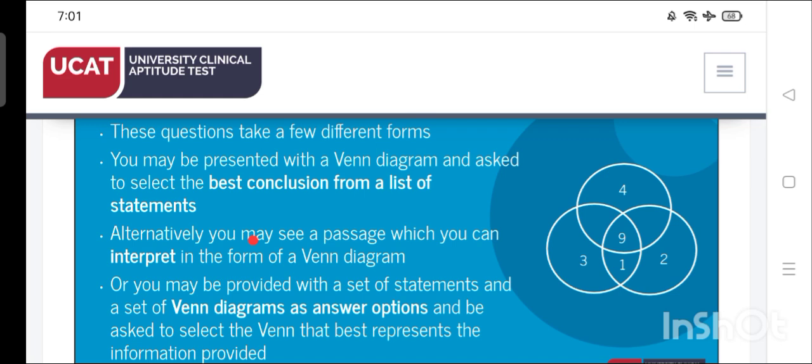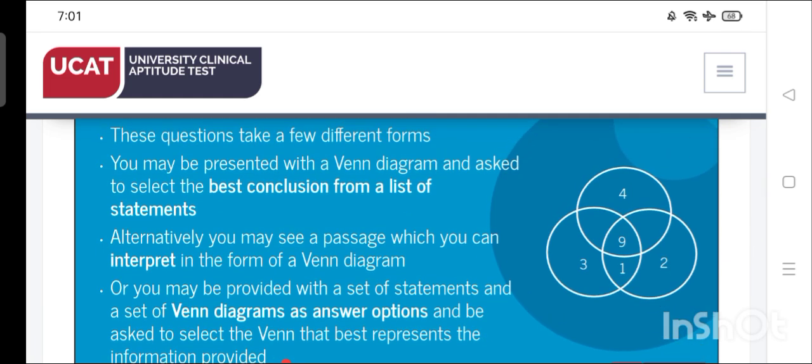Alternatively, you may see a passage which you can interpret in the form of a Venn diagram. Or you may be provided with a set of statements and a set of Venn diagrams as answer options and be asked to select the one that best represents the information provided.